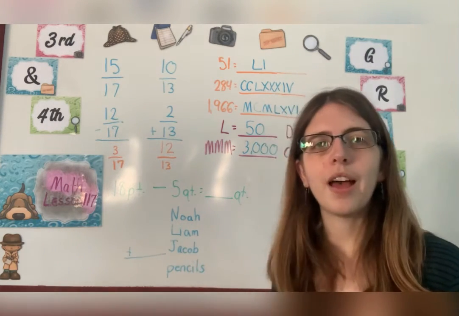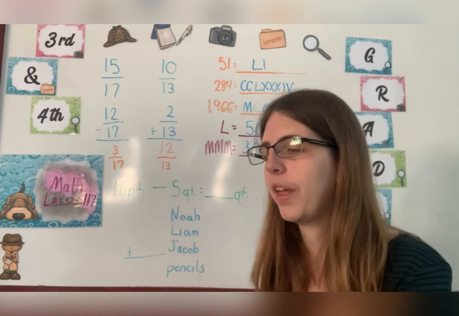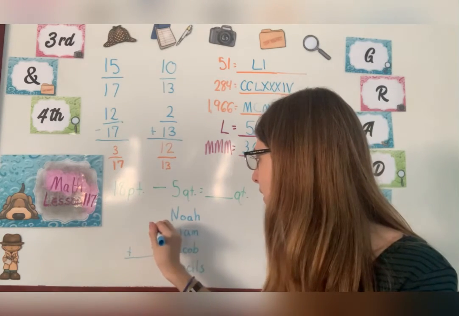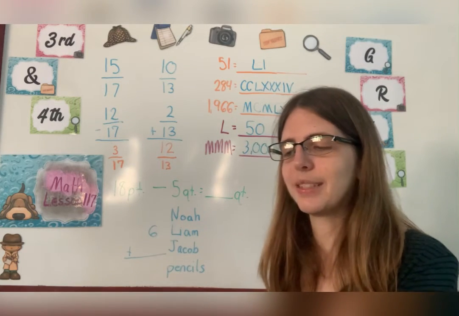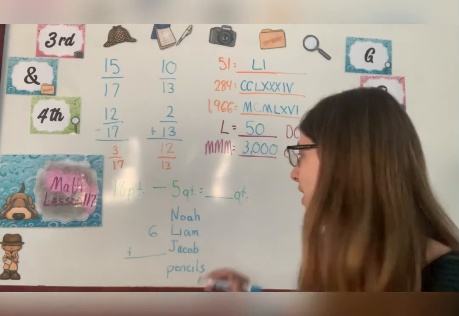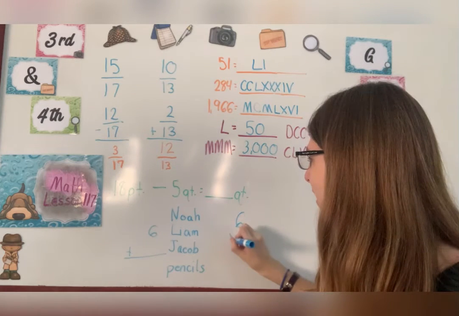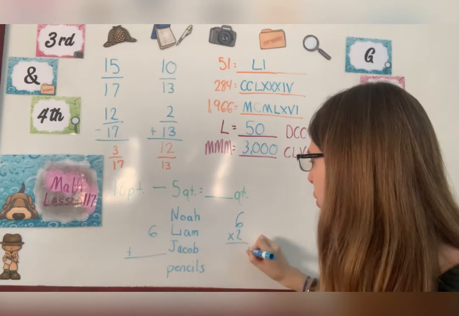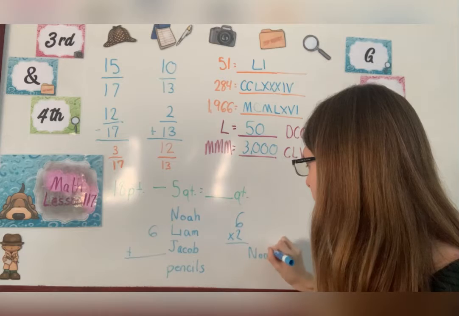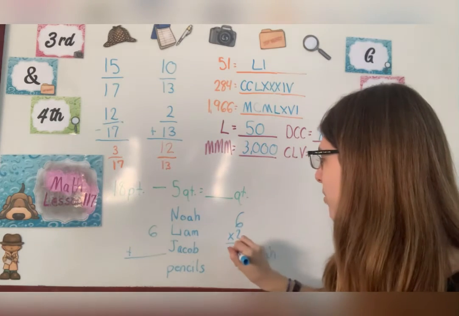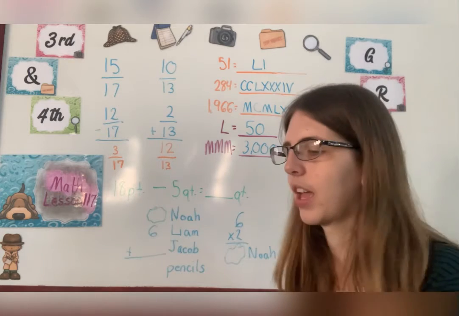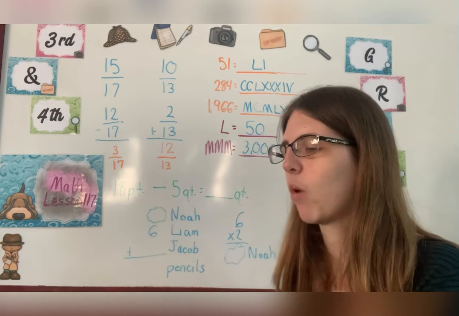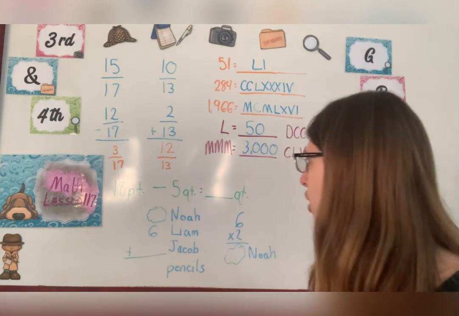So whose pencils do I know? Well, I know that Liam has 6. So we'll put 6 in there for Liam. Noah has twice as many pencils as Liam. So that means that Noah has 6 times 2. So find 6 times 2 and put that answer here for Noah. Jacob has 1/3 as many pencils as Noah.